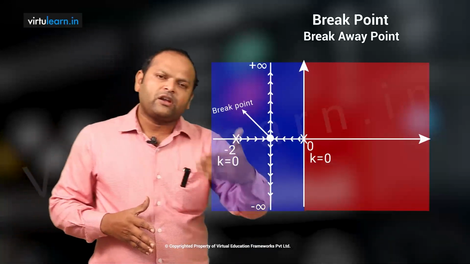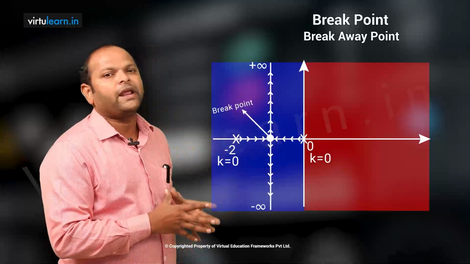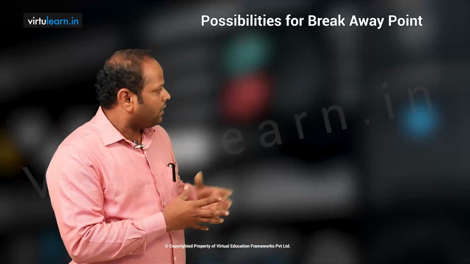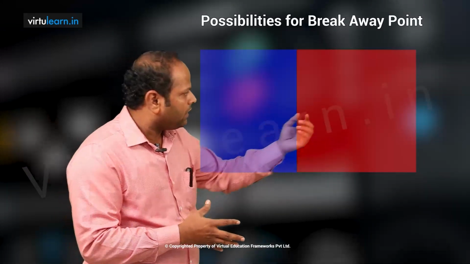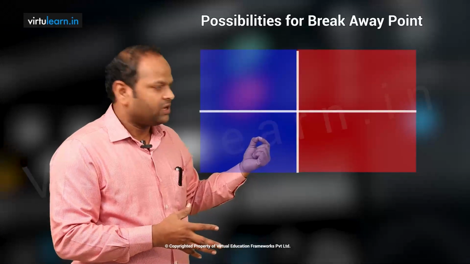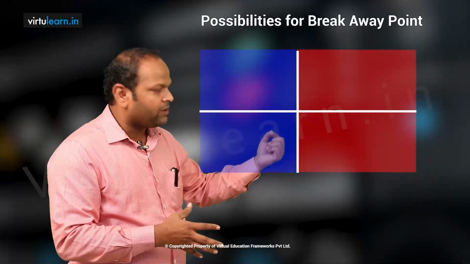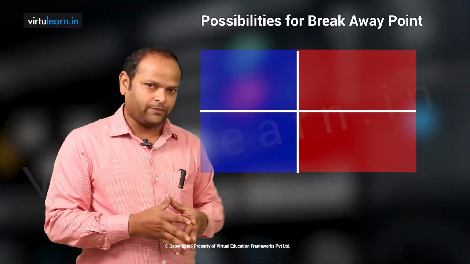Now what are the different possibilities of a breakaway point? Let us look at this particular example. Here I am taking only two poles, and you can see that in between the two poles we have root locus area.